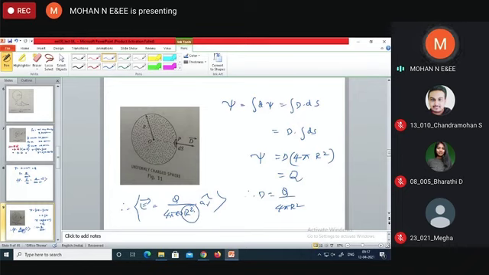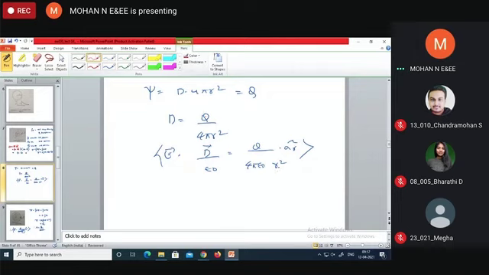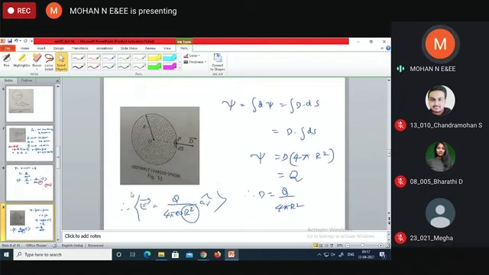This is r, the radius of the actual sphere, and in the previous case it is the radius of the Gaussian surface. Here, the radius of the Gaussian surface is greater than the radius of the sphere, so r is greater than R. And in this case, r is equal to R. That is, the Gaussian surface is the same as your sphere. Okay. Now we can take the next case.